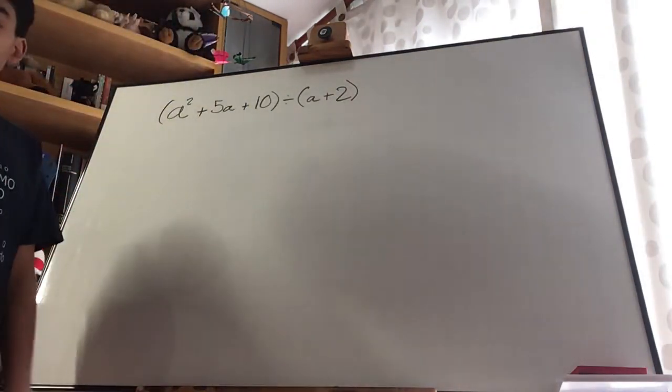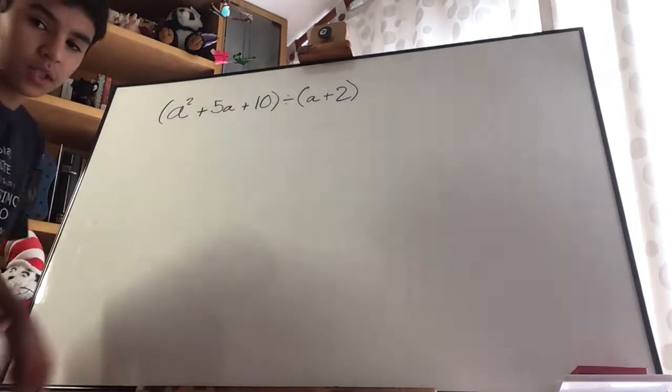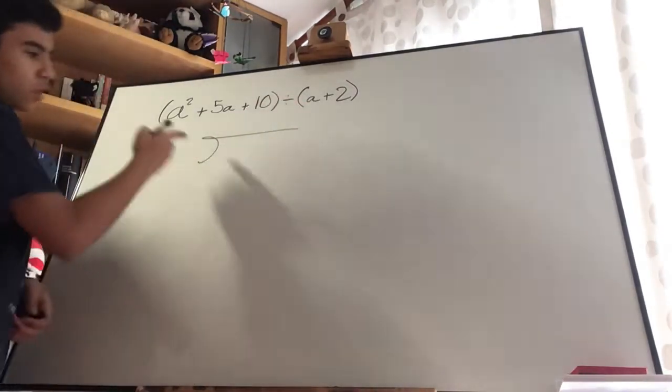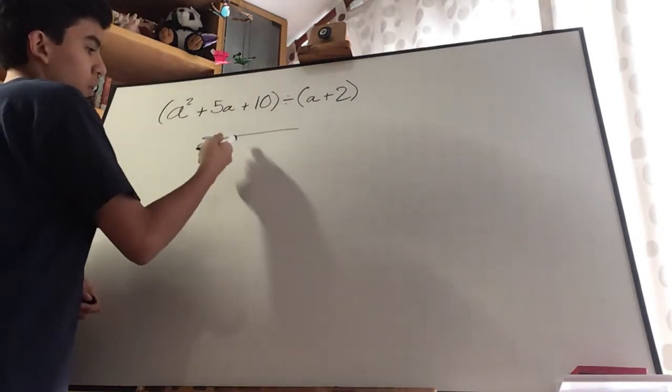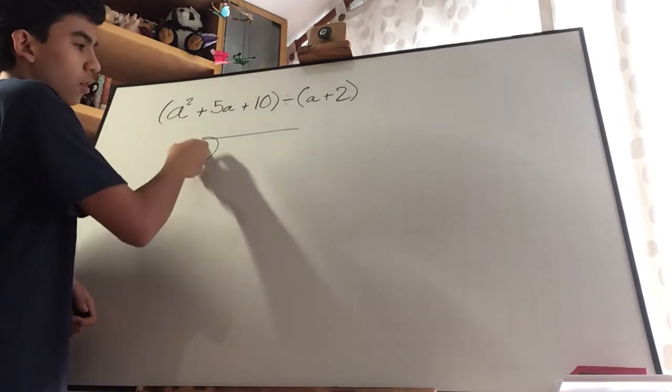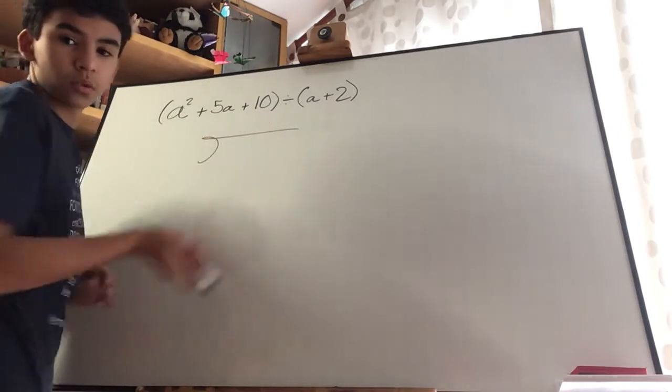So the first step here is to convert it into a long division. A long division is this type of division where here is the first number, outside the second number, and here we have our answer or quotient.